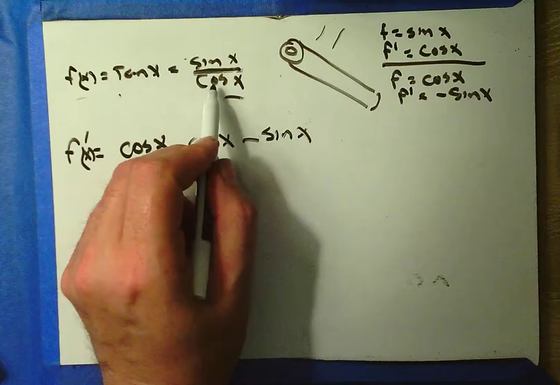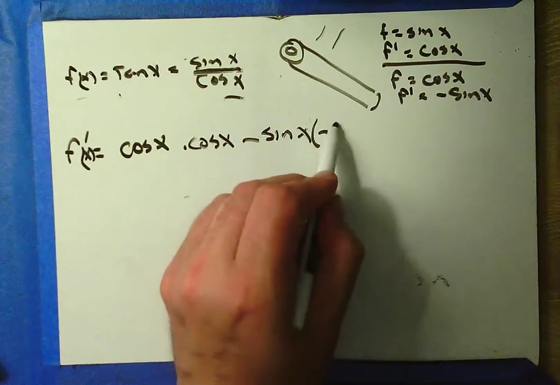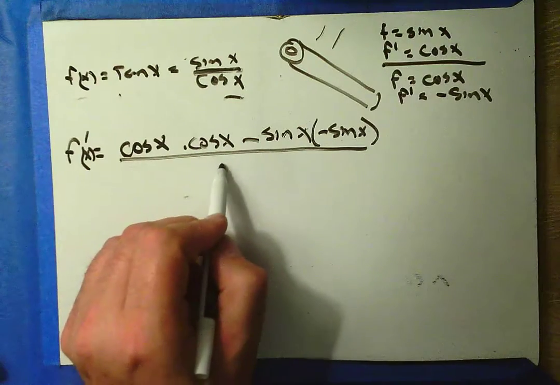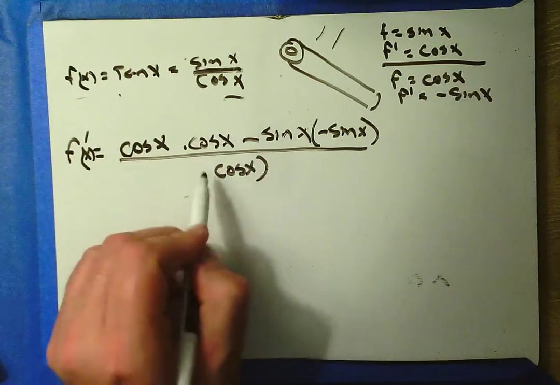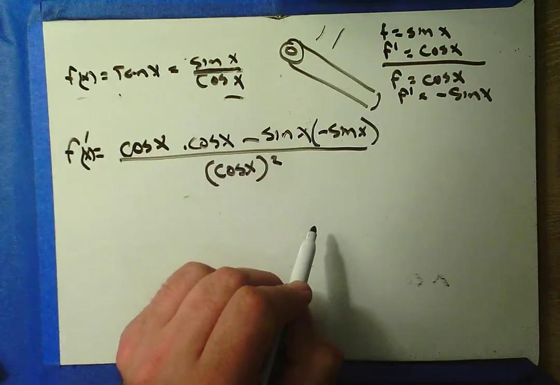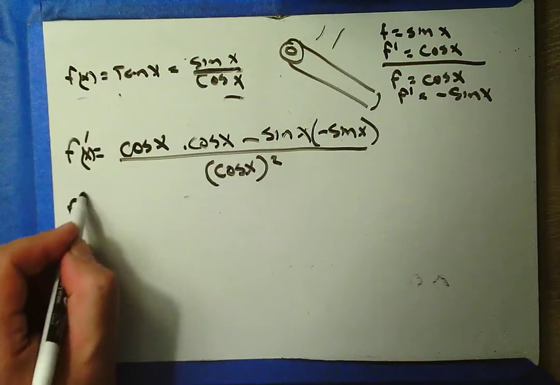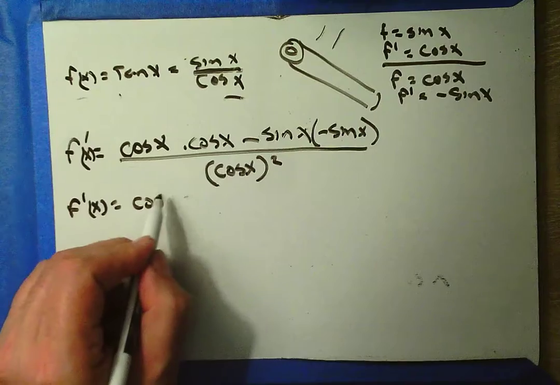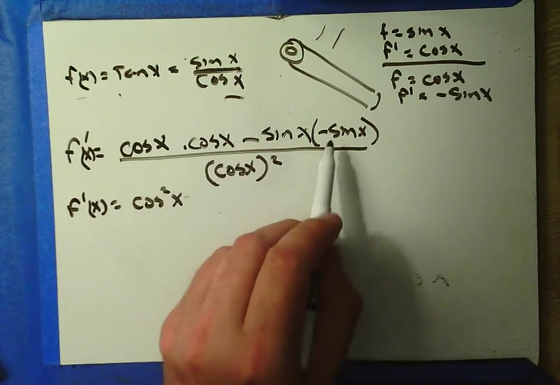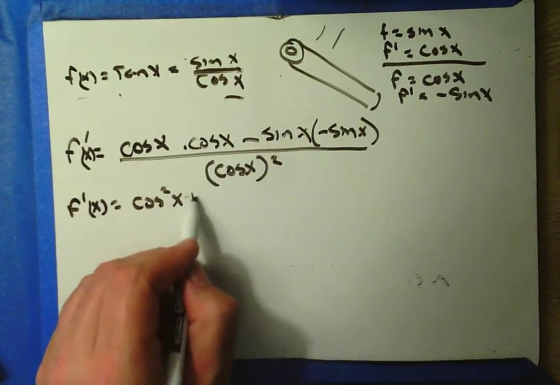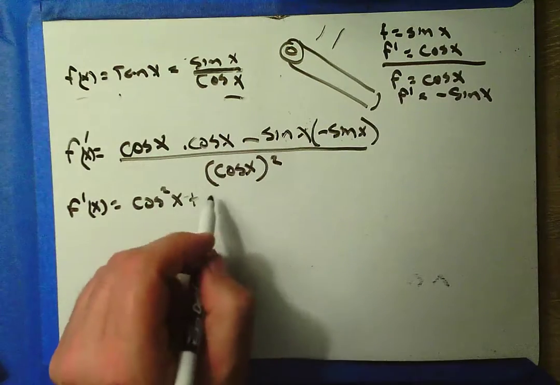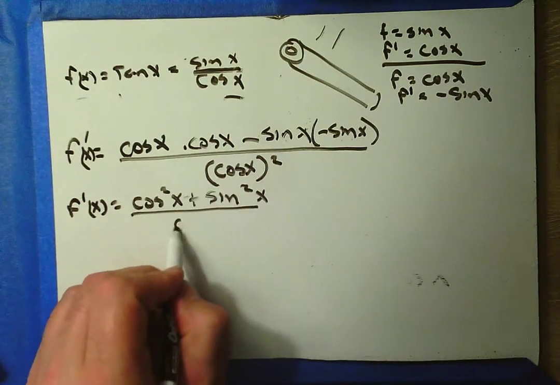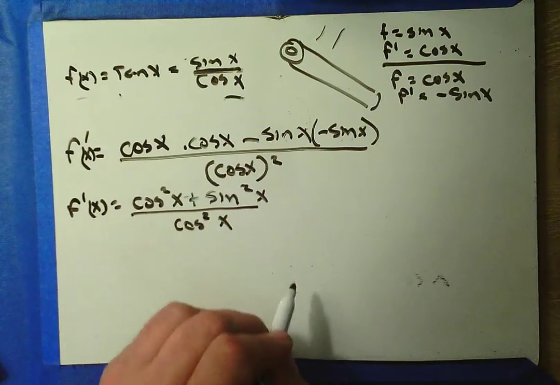The derivative of cosine we just learned was minus sine, all over low squared. Okay, so let's tidy this up. We've got f prime of x equals cosine squared x, and negative times negative is positive. Sine times sine is sine squared x, all over cosine squared x.